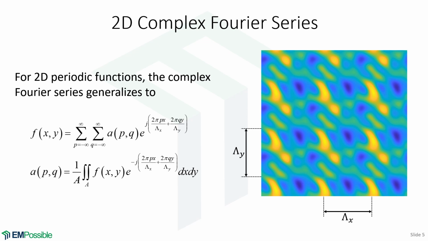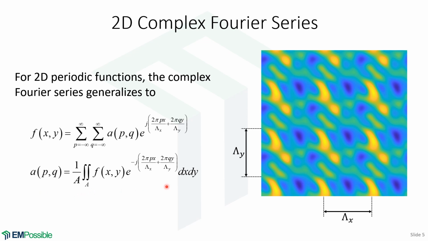Since we have two dimensions, now we have a double summation. And if we look at this exponential here, this is also sometimes called the kernel, and we have two of these terms in here. We'll recognize that this 2 pi over lambda is actually a grating vector. And the p and the q are the integers of the summation, and of course x and y are positions.